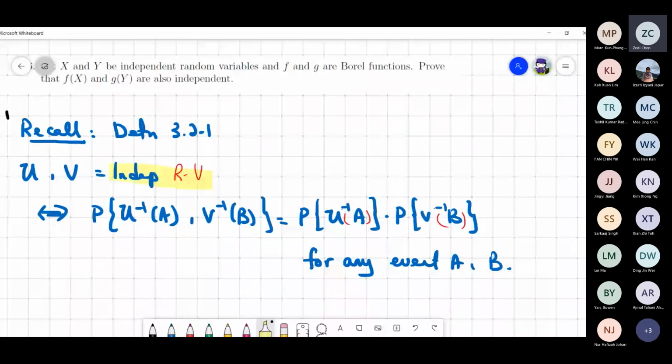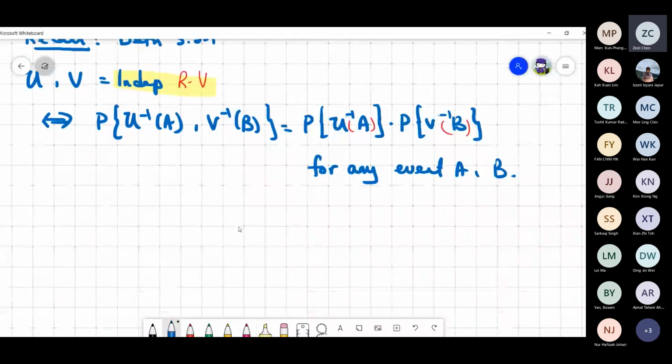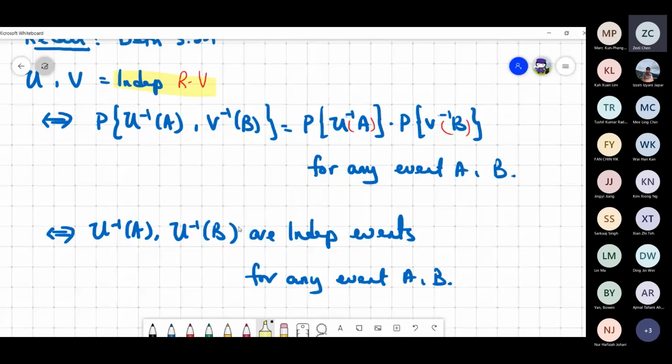In other words, you may use the language of events. You can say this: U, V are independent random variables provided that U inverse A and V inverse B are independent events for any events A, B. Okay, so we are using independence in both lines.